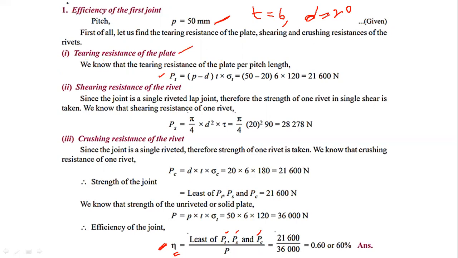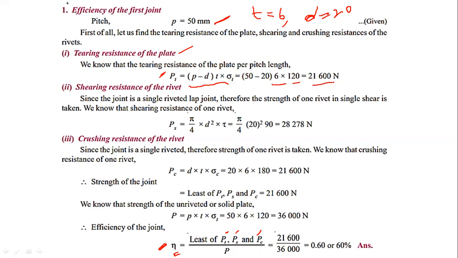Already we know the formula: PT equals P minus D into T into sigma T. P equals 50 mm minus diameter 20 mm, into thickness 6 mm, and sigma T equals 120 megapascal, already given in the question.